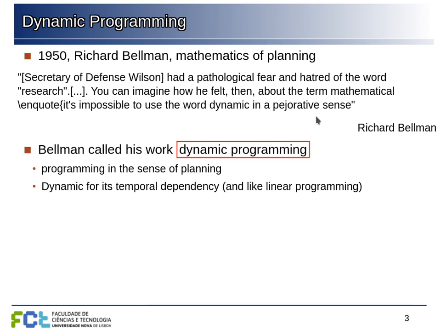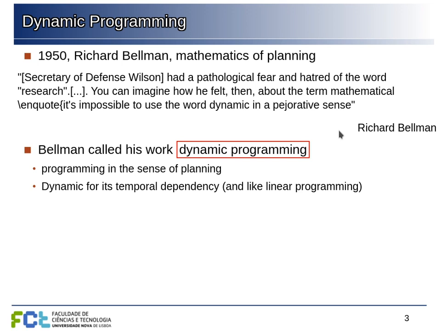So this was the origin of the term. It also has a parallel with other branches of mathematics like linear programming. So it has the same idea of solving these optimization problems in a specific way.